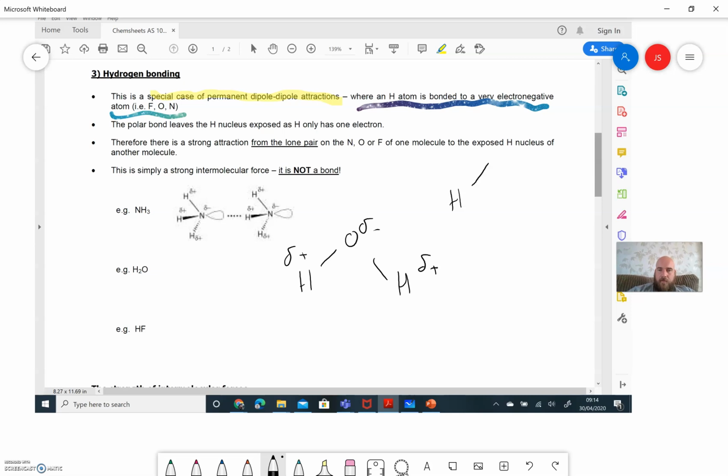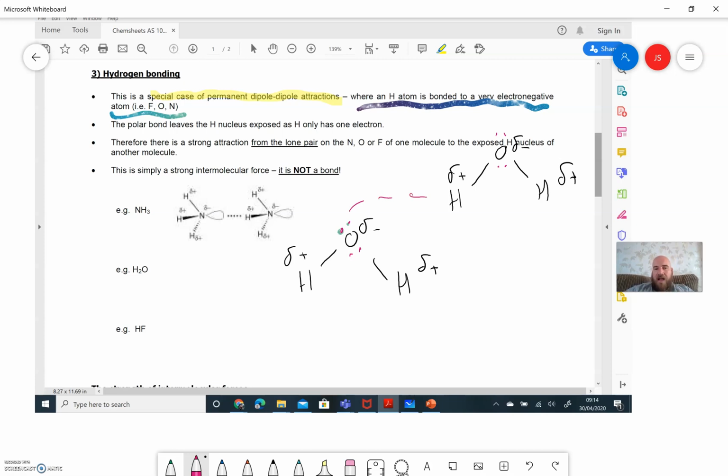And then don't forget your lone pairs, they're crucial. So oxygen, let's use a pen. And then showing the hydrogen bond from a lone pair to a neighbouring hydrogen molecule. So there is the hydrogen bond. I only have to show one.